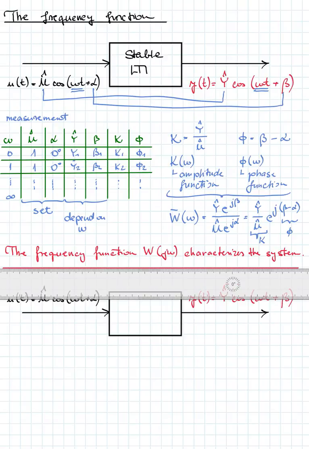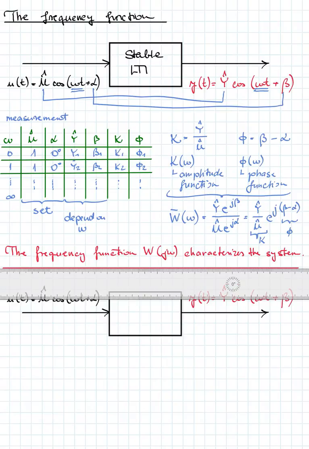So finally, we are going to get a complex function, and it is called the frequency function, denoted by W bar of j omega, which we can get as the division of the output complex amplitude and the input complex amplitude.